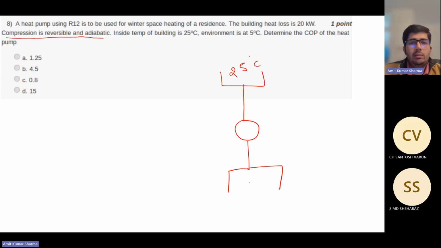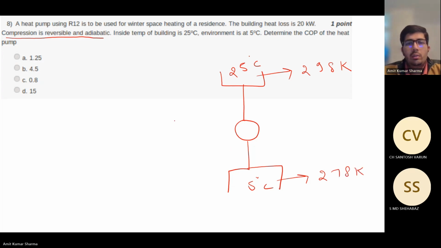Temperatures are 25 degrees centigrade and 5 degrees centigrade, so it will be 298 Kelvin and 278 Kelvin. This is reversible.